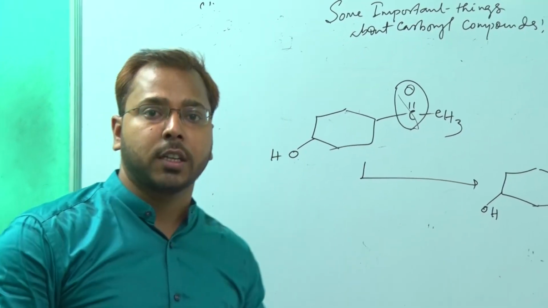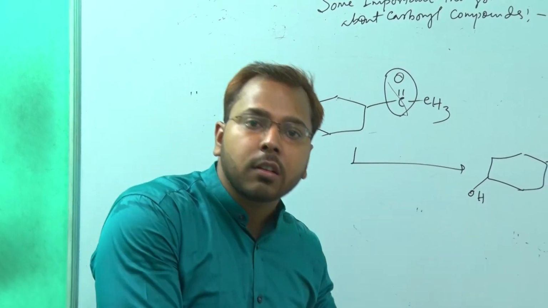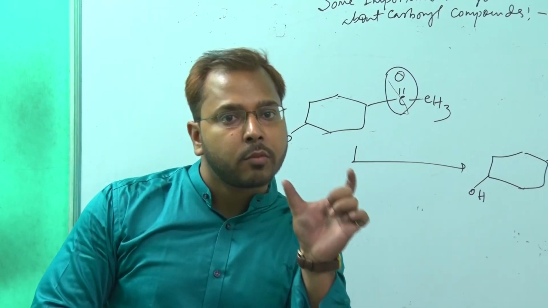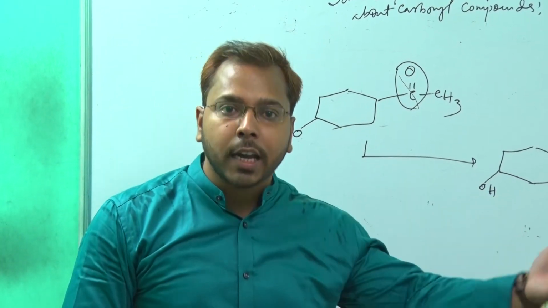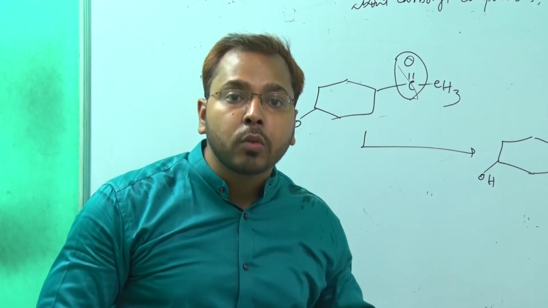In two options, option A has the Clemmensen reagent, zinc amalgam and concentrated HCl, and another option has Wolff-Kishner reduction, that is hydrazine. So what do we need to use here?